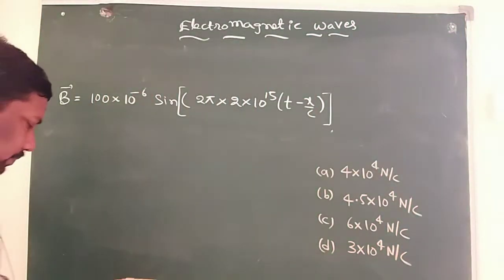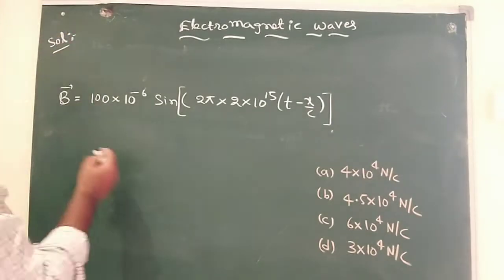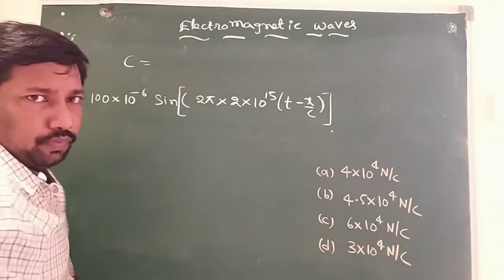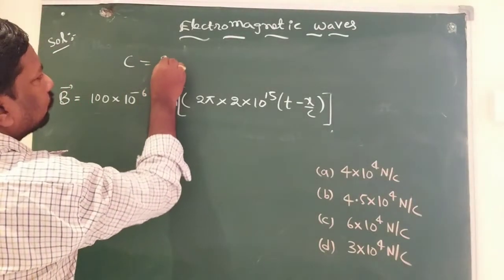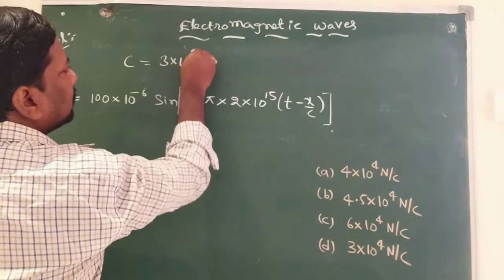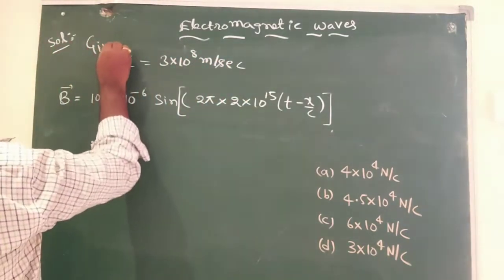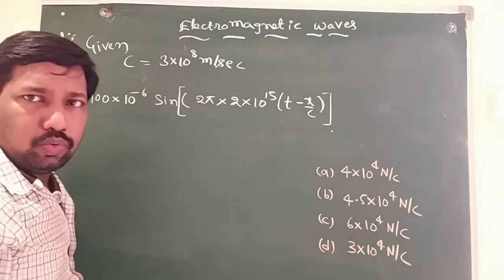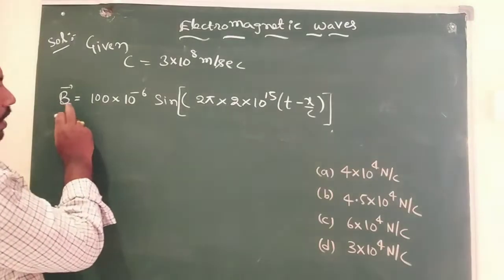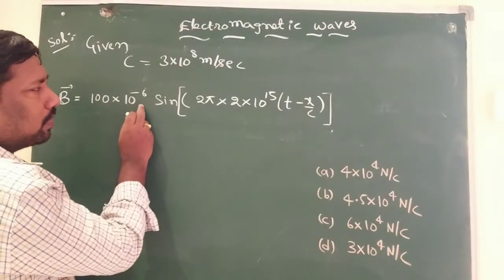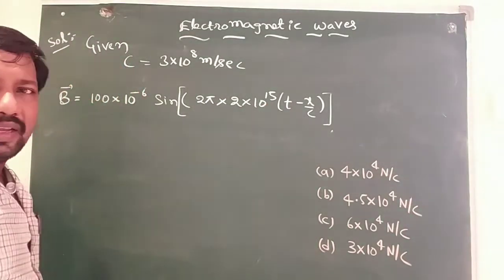So here, velocity of light in vacuum is 3 into 10 power 8 meter per second. This is the given data, and B bar is the magnetic field induction of the electromagnetic wave. B bar equal to 100 into 10 power minus 6 sine 2 pi into 2 into 10 power 15 t minus x by c.